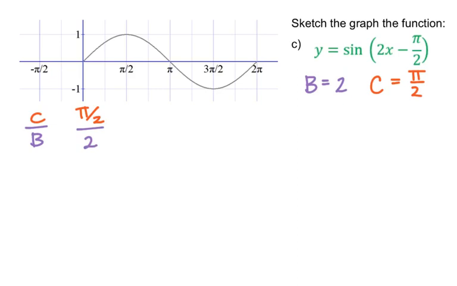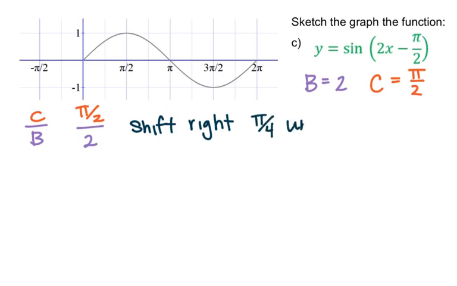And essentially, this means we are going to shift right pi over 4 units. How would this change my traditional XY ordered pair? So we know the period is going to shrink by half.